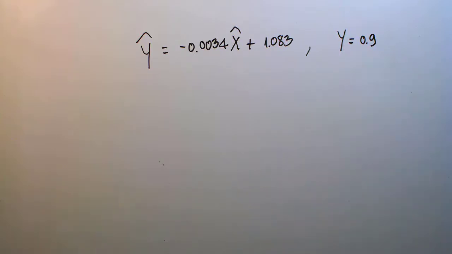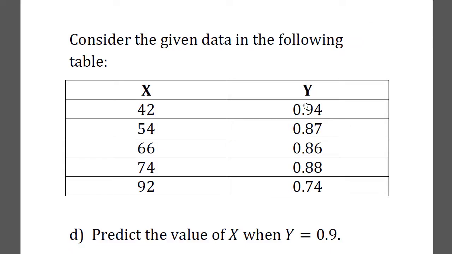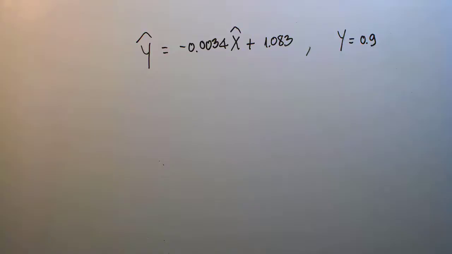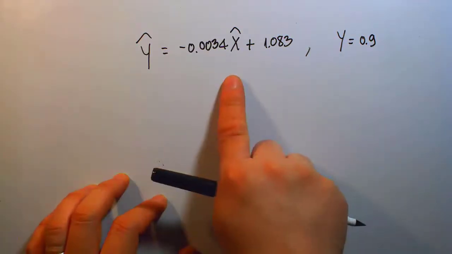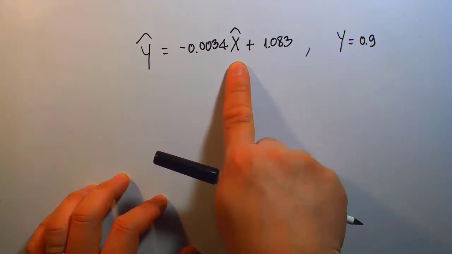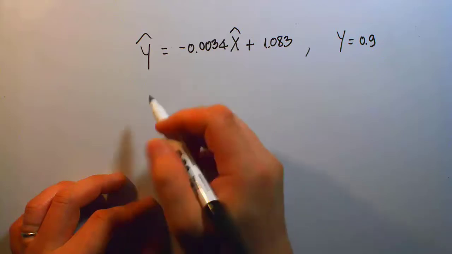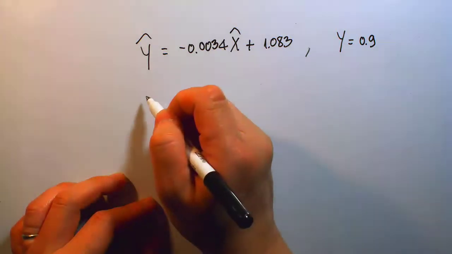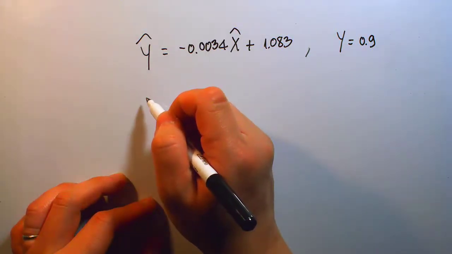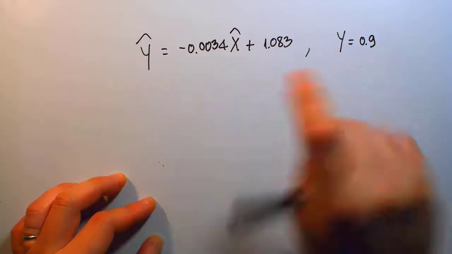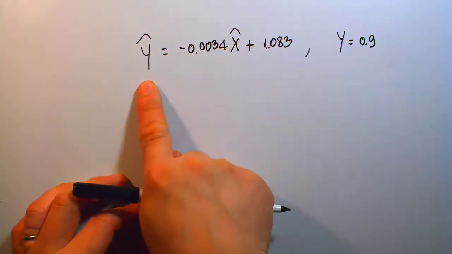Once again, notice the value 0.9 is nowhere located in the table here. That's the whole point of using the best fit line equation. We only want to predict the value of the other variable. Taking this class, everybody should be familiar somehow with solving a basic linear equation. But 0.9 is now going to substitute for y hat.